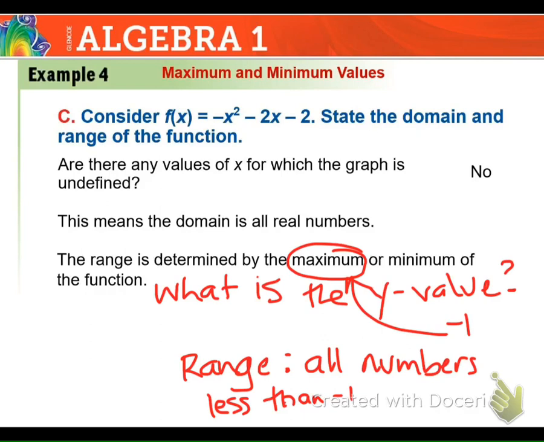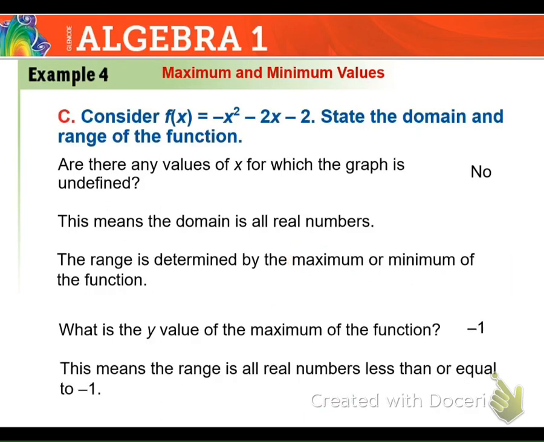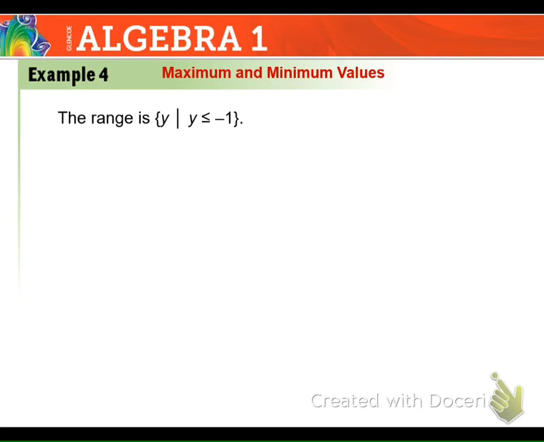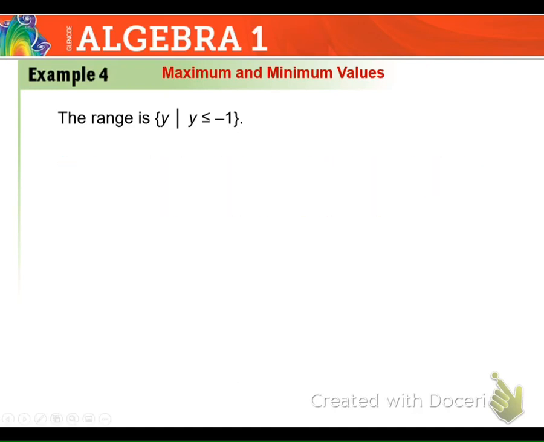But let's be honest, usually we don't want to take the time to write out all of this stuff because it takes up a lot of space. So remember, we can use shorthand math notation, which we're going to do. And so because of that, we're going to write the range as y. Remember, this means y such that the y values are less than or equal to -1.